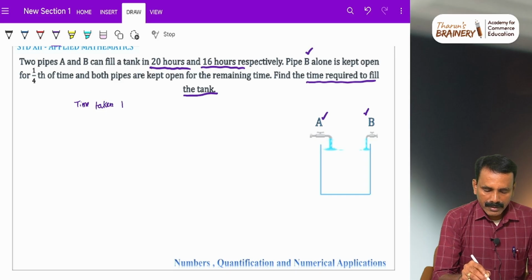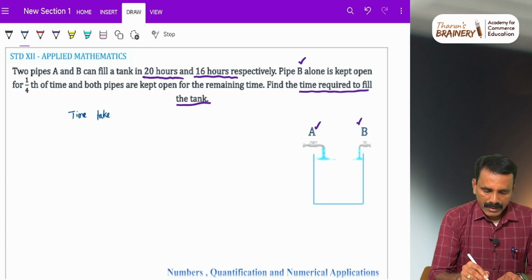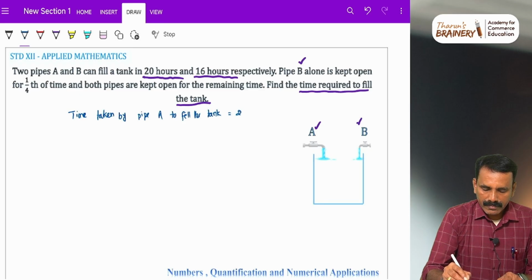Time taken by pipe A to fill the tank is going to be 20 hours.